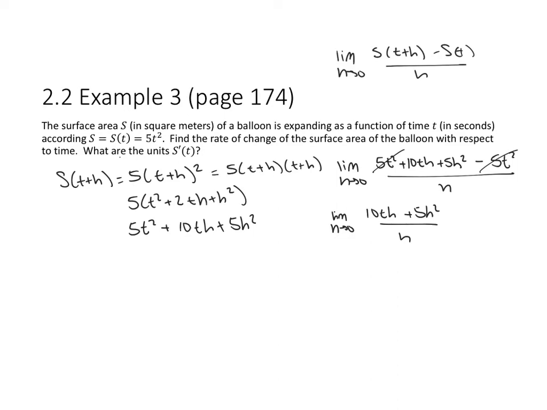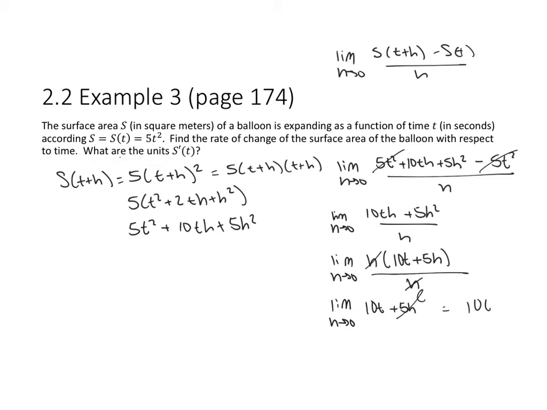I can factor my h out. So the limit as h goes to 0 of h times 10t plus 5h all over h. I can cancel the two h's, and then I have my limit as h goes to 0 of 10t plus 5h. I substitute in the 0 for h, and that piece goes away, and I'm just left with 10t.